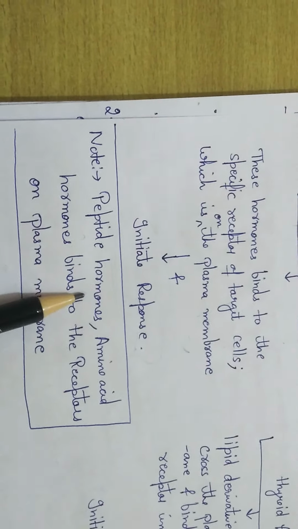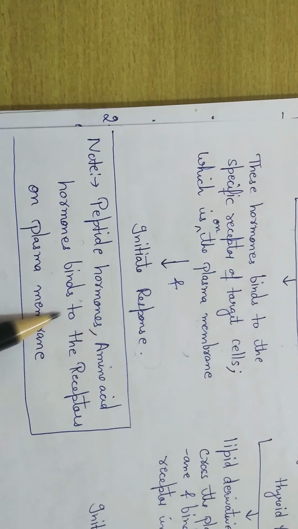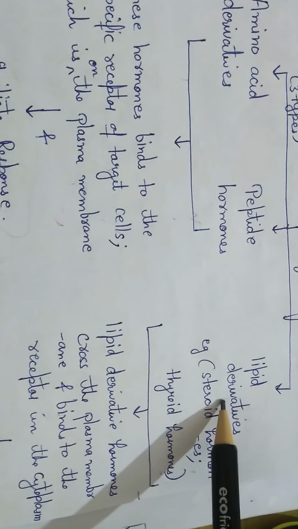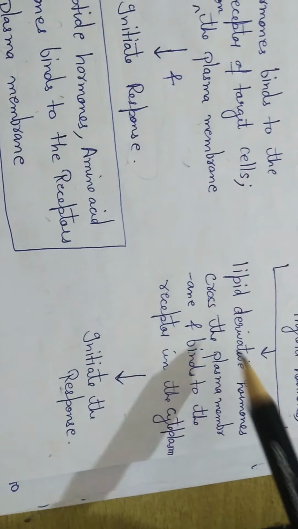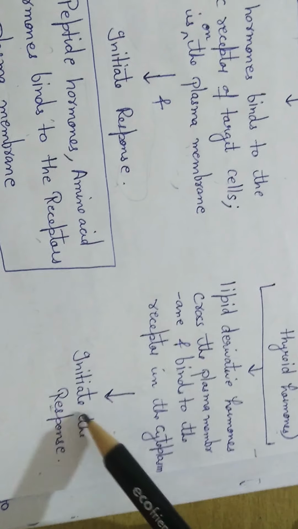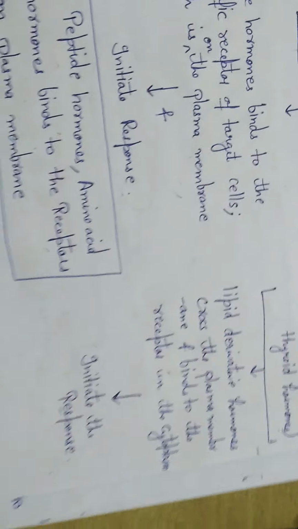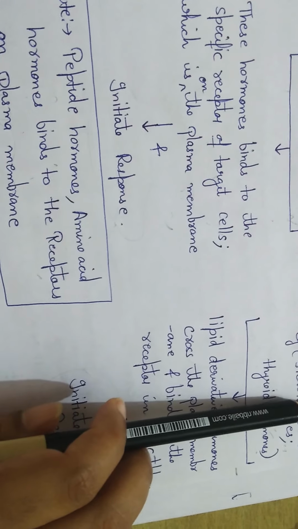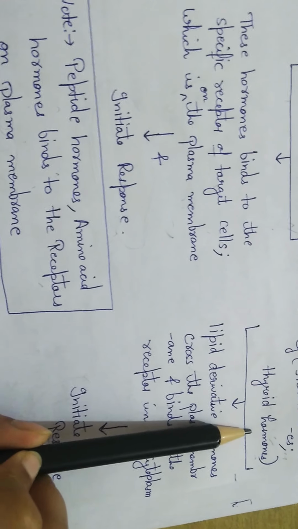Okay, so I have written a note over here that peptide hormones and amino hormones bind to the receptor on the plasma membrane, whereas the lipid derivative hormones can cross the plasma membrane because they are lipid derivatives. Okay, and they can bind to the nuclear receptor, which is on the nucleus membrane, and then they can initiate the response. So you need to remember that steroid hormones and thyroid hormones are examples of lipid derivative hormones.